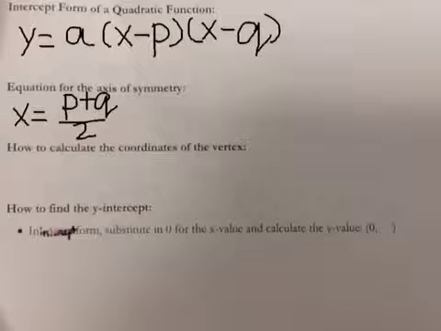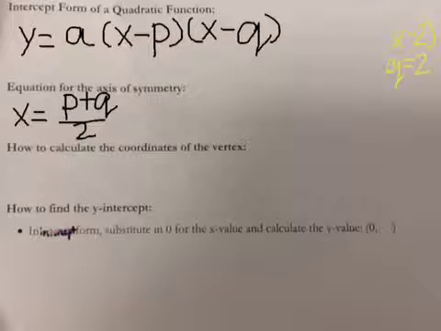So for example, if we have (x plus 3)(x minus 2), p is going to equal negative 3, and q would equal positive 2. So keep that in mind as we're working through these.